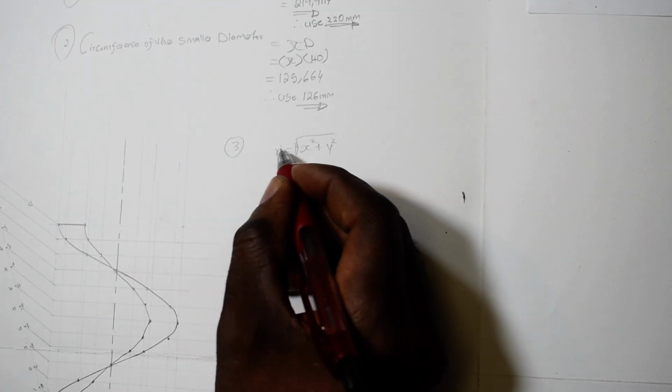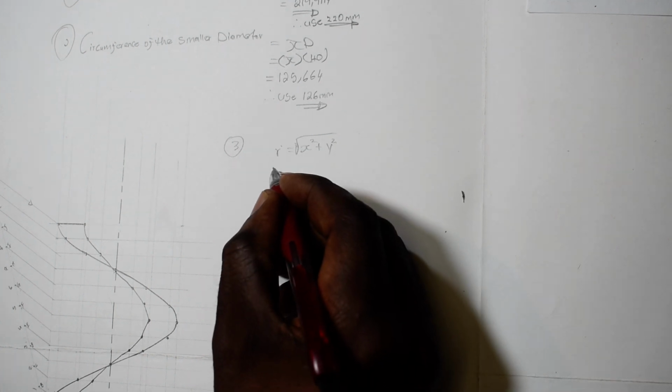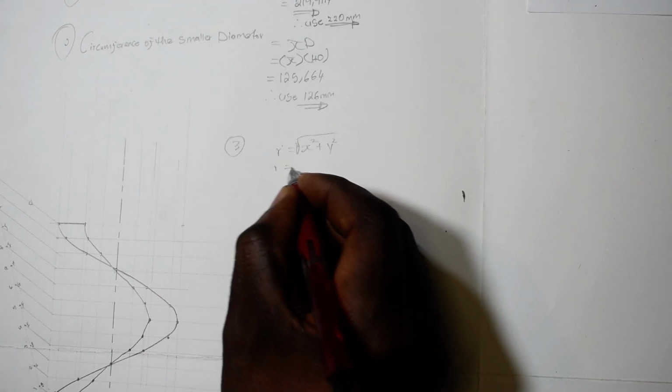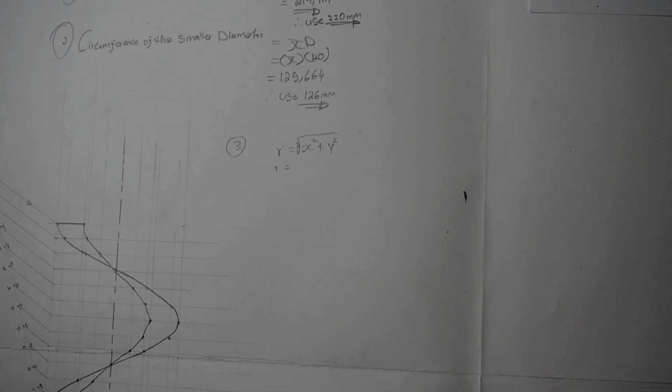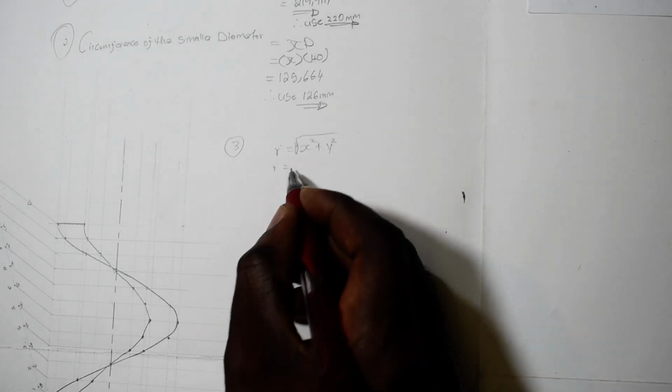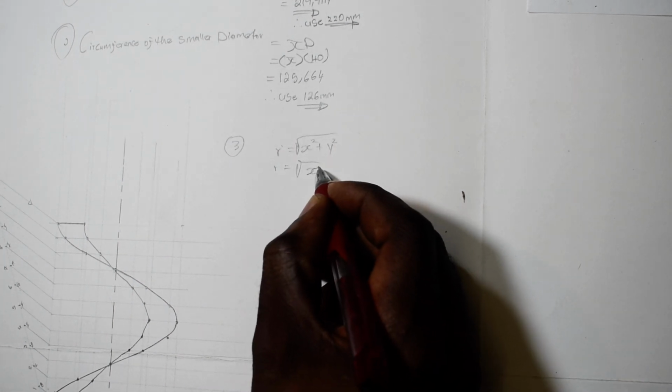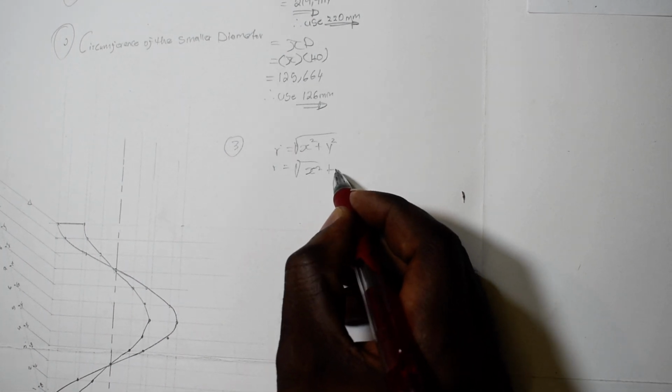So remember, it's squared. If I'm saying R, it will be that value or that dimension that I'll be looking for at that particular moment. You understand? So I'll then say R is equal to the square root of x squared plus y squared.